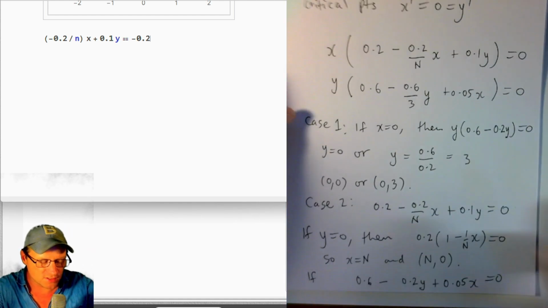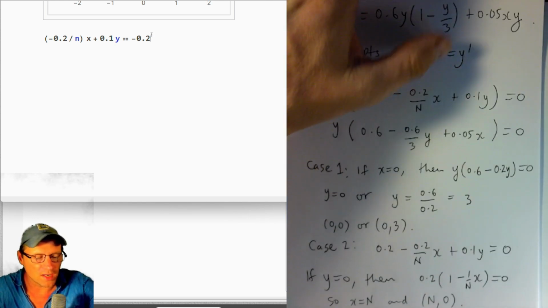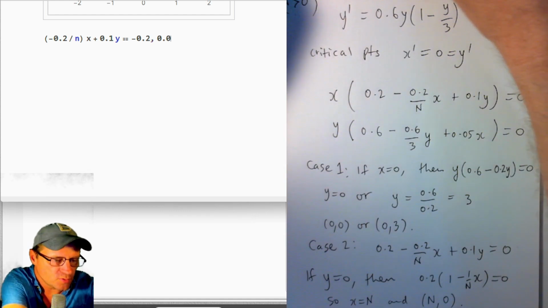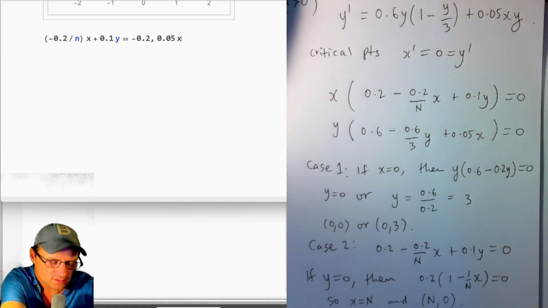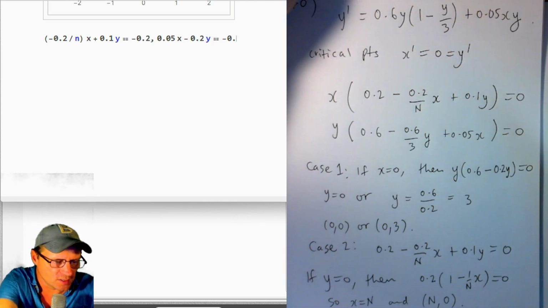Then the second equation, I'll write 0.05x minus 0.2y equals minus 0.6.